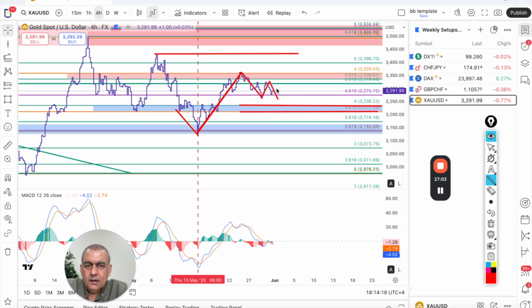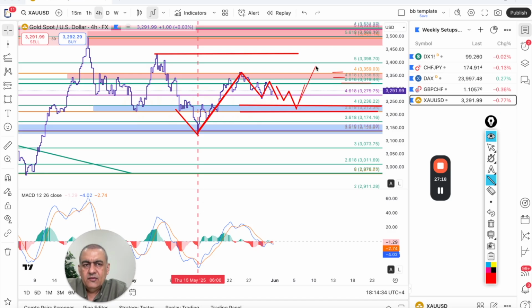So any dip towards 3236 or 3212 to be taken as opportunity to buy, and if you want to play safe, you can collect your profit around 3319, 3336 or 3359.